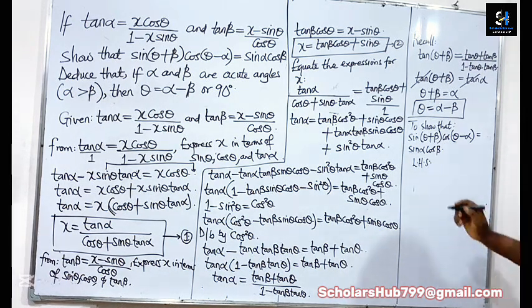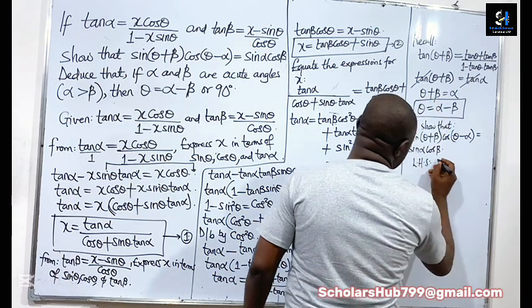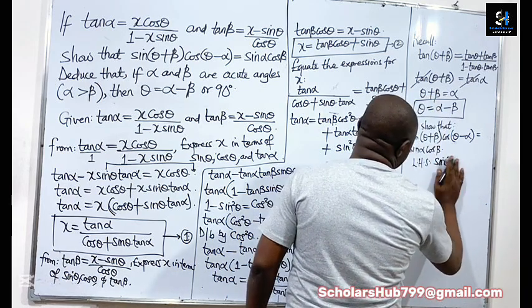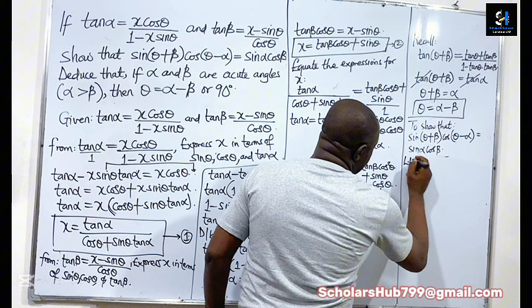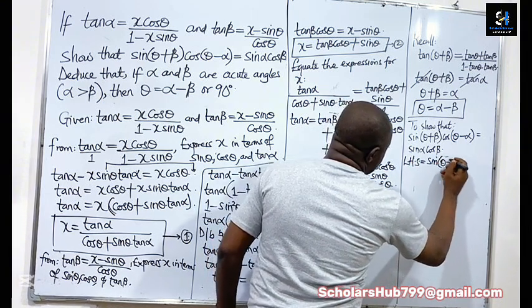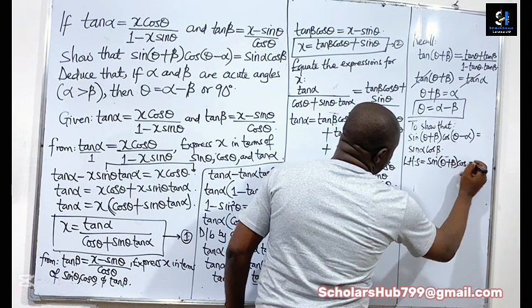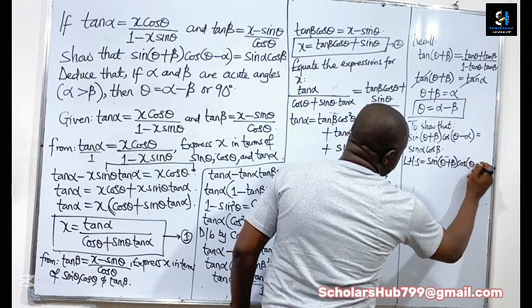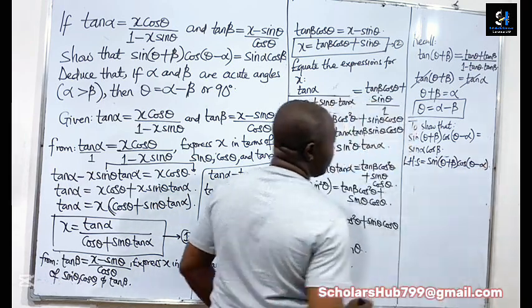The left hand side is sine of the sum of this multiplied by cos of the difference between theta and alpha.